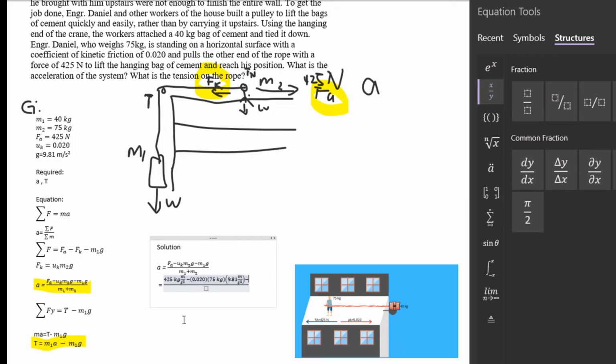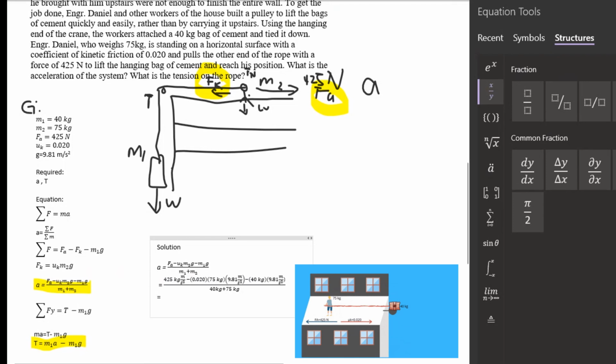Then next, the weight of the hanging object, which is 40 kilograms times 9.81 meters per second squared, all over the summation of masses, which involves 40 kilograms, the mass of the hanging object, then the mass of Engineer Daniel. So that's that.